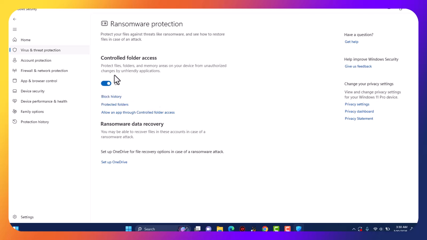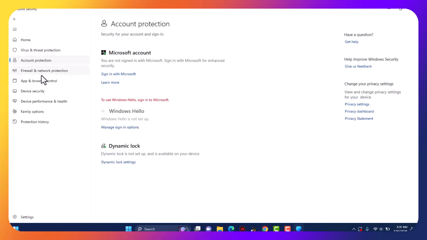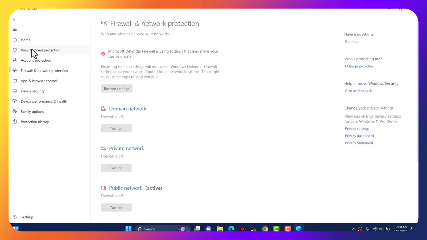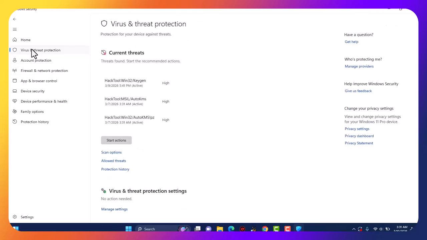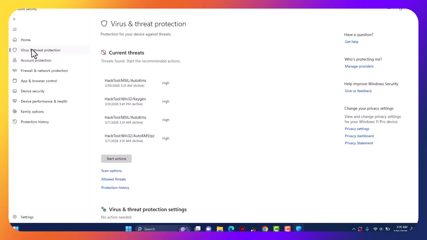But then we should know that there are some malware that can bypass this. Even if you use third party antivirus, there are still malware that can bypass it. The reason is that antivirus is created based on signatures and patterns.